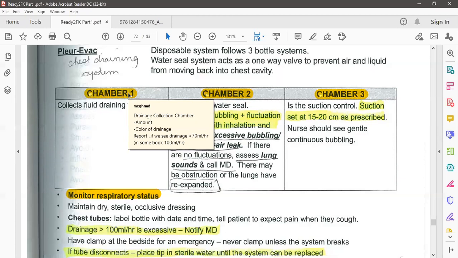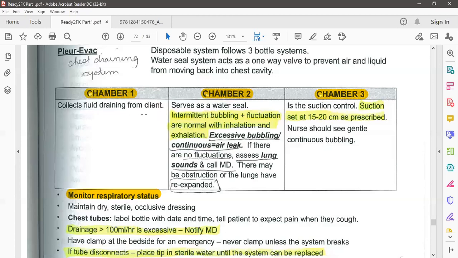So again, for the collecting chamber, we record the drainage every 8 hours, and we notify if the drain is greater than 100 ml per hour. If we see the collection is bright red, we have to notify, because bright red color indicates hemorrhage has occurred inside the body.